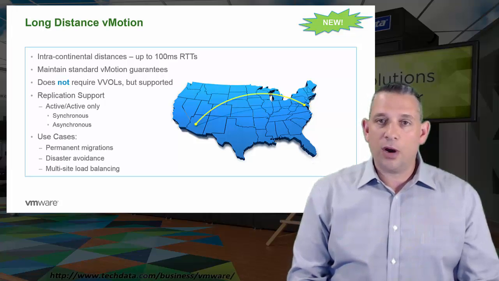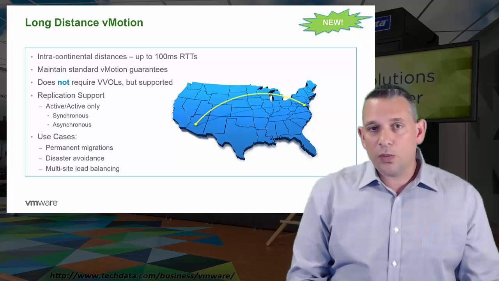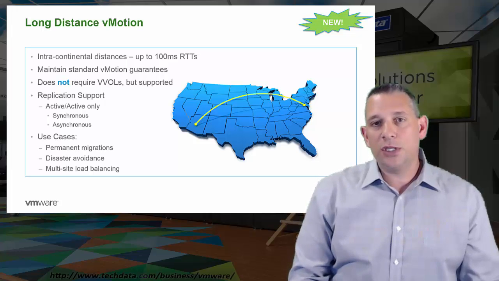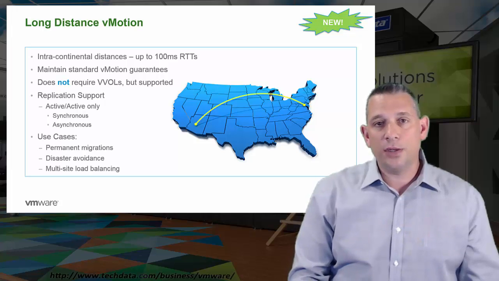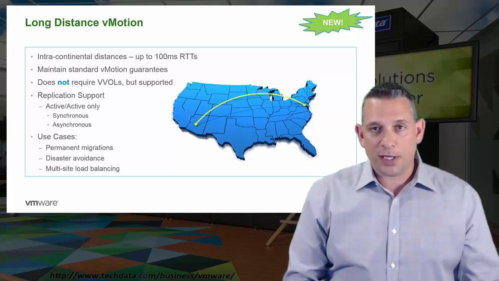Well, that is very hard to do over any type of distance. Now with vSphere 6, we need 100 milliseconds, which opens up the capability of a lot longer distances. So now we can vMotion a machine between different vCenter environments over very long distances, including across the country or even across different continents, as long as we have that 100 millisecond round trip time.